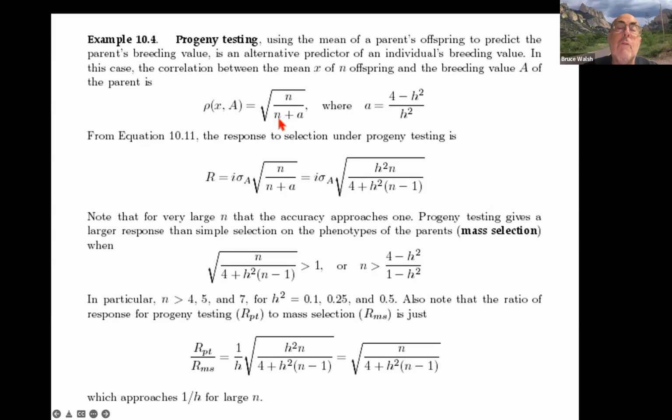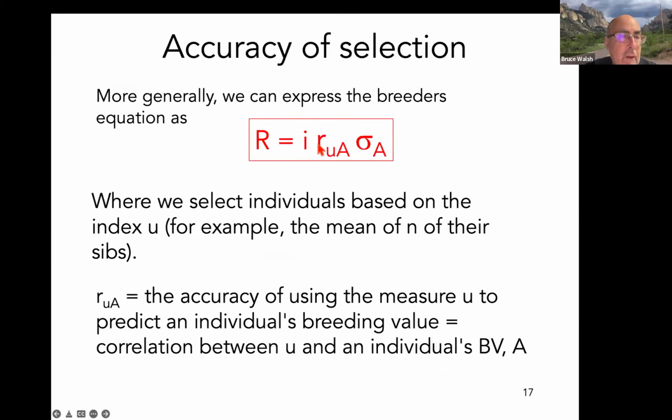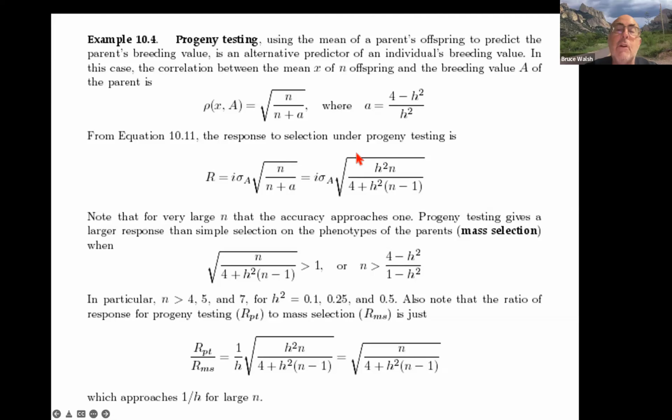Well, here's the expression that does it. It depends upon the number of daughters you look at and the heritability. If I choose parents based upon looking at the average of N of their offspring, how well does that predict their breeding value? Well, there's the expression.